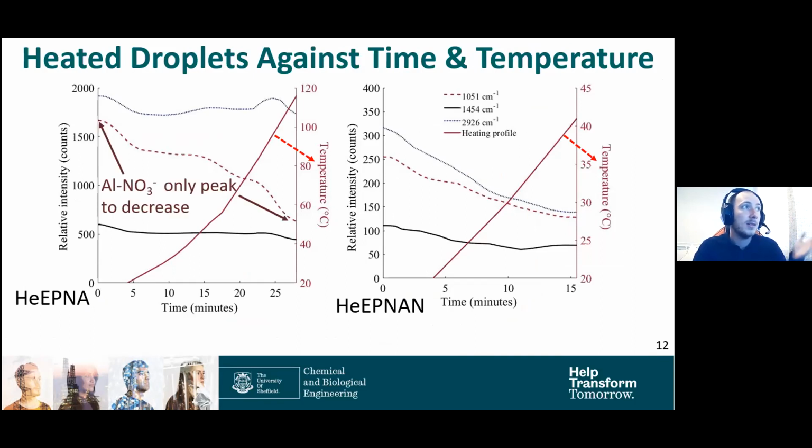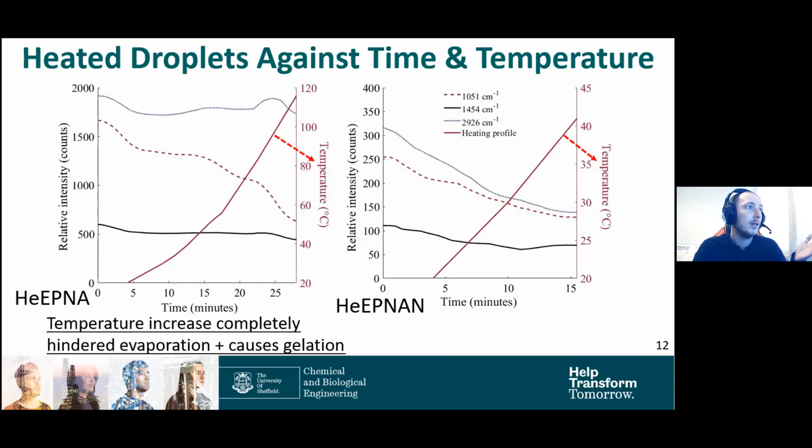So the only peak to decrease, as we saw, was the aluminium nitrate peak. And here you can really see the temperature increase. Early on there's a little bit of evaporation, but as soon as we start ramping the temperature here, the evaporation is completely hindered. So this is what we would speculate to be an encapsulation type mechanism, where the gel, the pluronic, not the micelles, or the gel is encapsulating around the entirety of the ethanol and preventing it from evaporating, which is a really, really interesting finding.